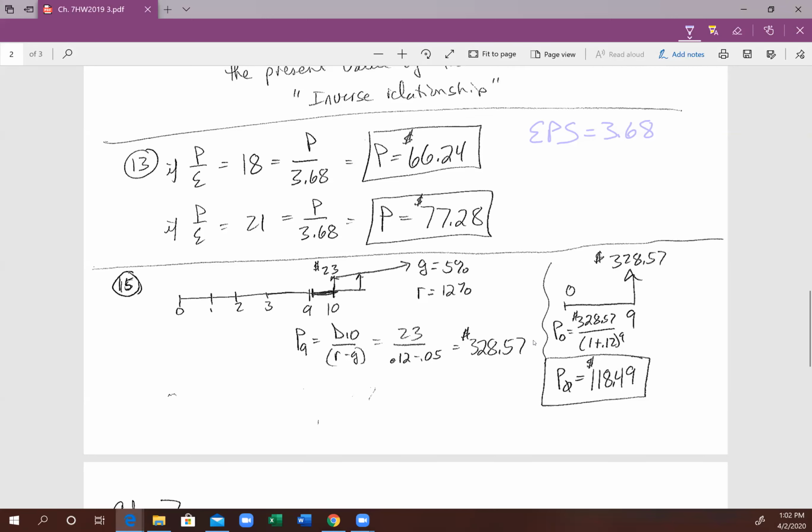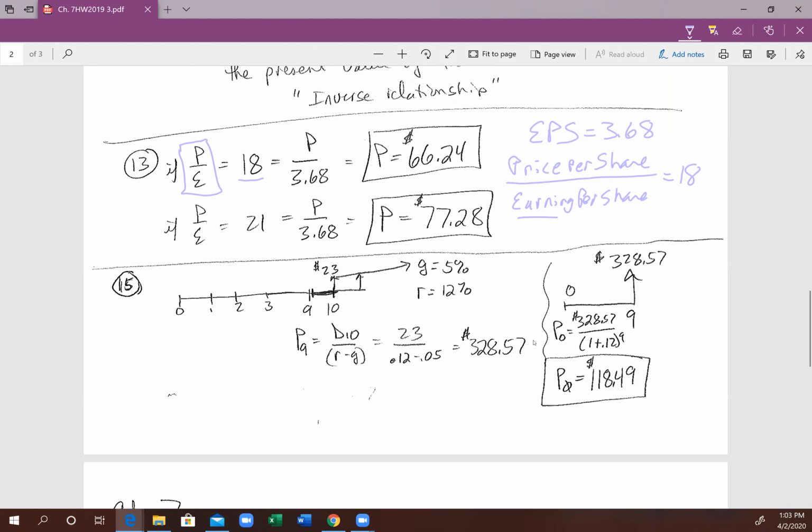So if you look at it, the PE multiple is price per share divided by earnings per share. And if price per share divided by earnings per share is 18, that's where we see this PE multiple written in shortcut form as just P over E.